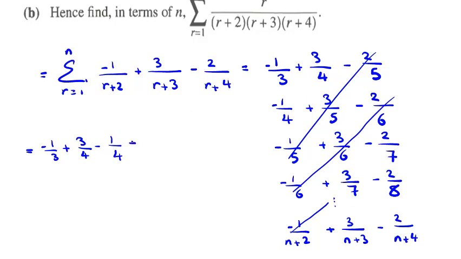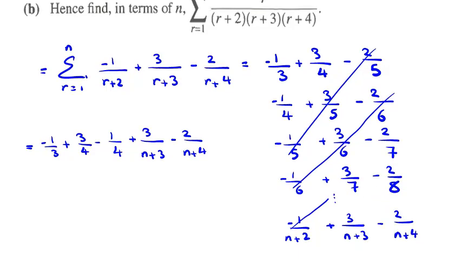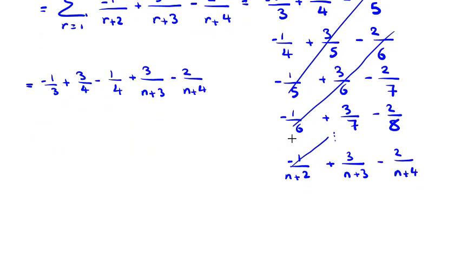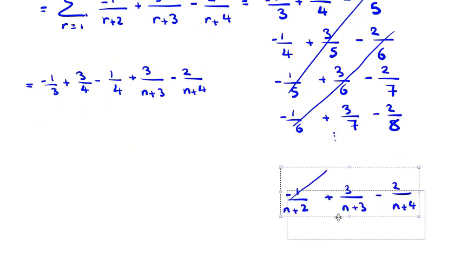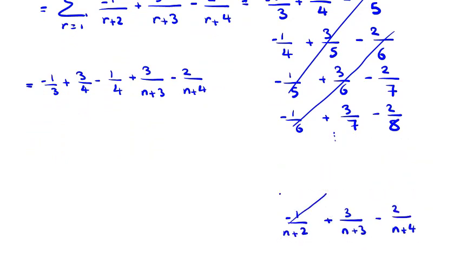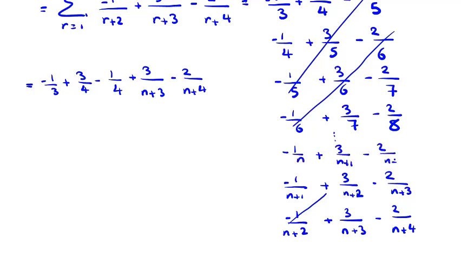Also here it will be plus 3 over n plus 3 minus 2 over n plus 4, also the previous terms. Let me explain exactly. If we have this term, the previous one will be negative 1 over n plus 1, plus 3 over n plus 2, minus 2 over n plus 3.